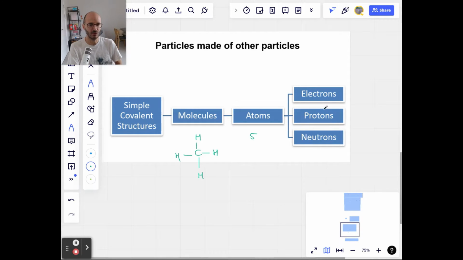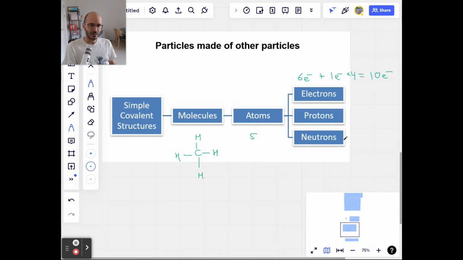So, for example, 1 atom of carbon has got 6 electrons, plus 1 electron from each hydrogen, and that will give you 10 electrons in one molecule. So as you can see, molecules are made of atoms, and atoms are made of other particles, and even electrons would be made of other particles, and so on.